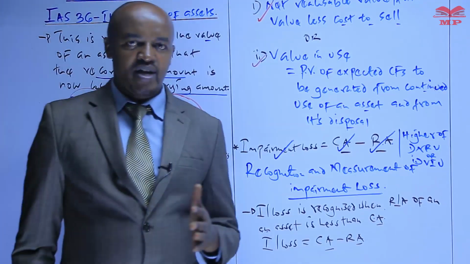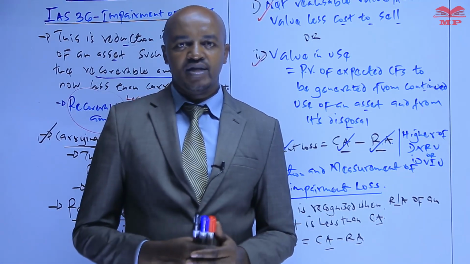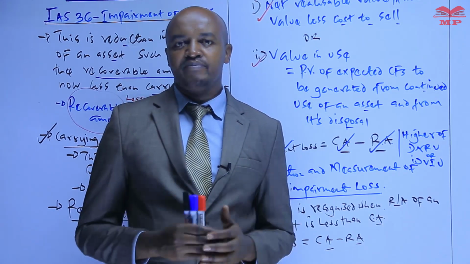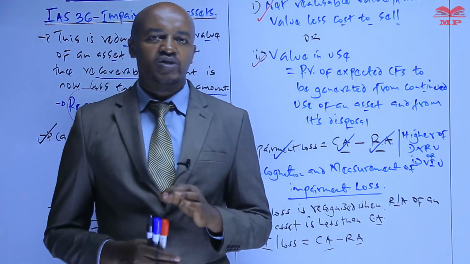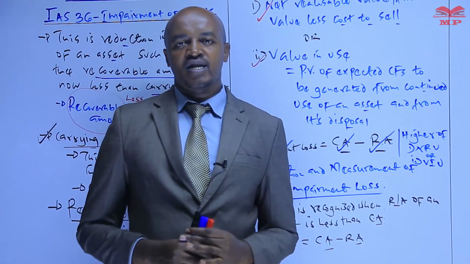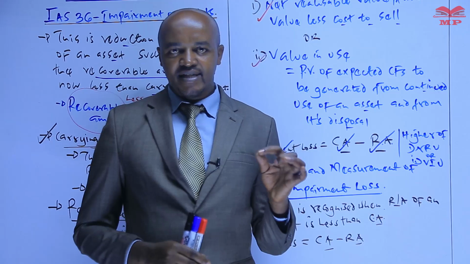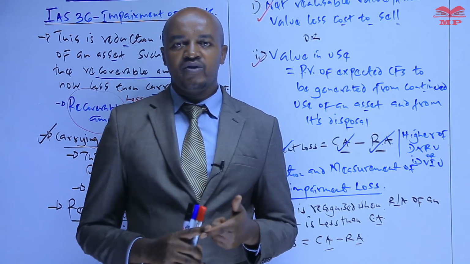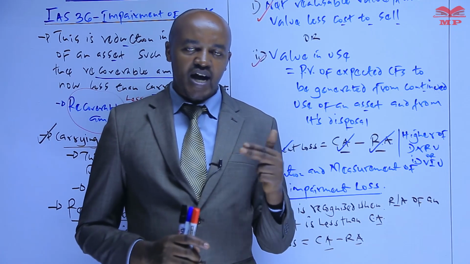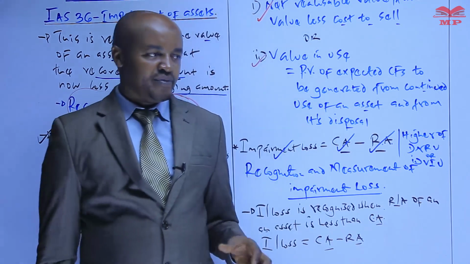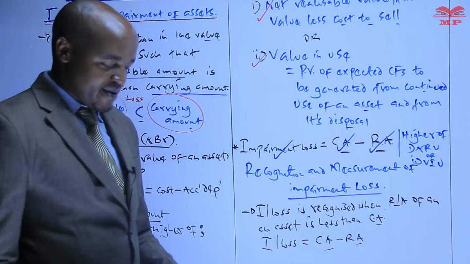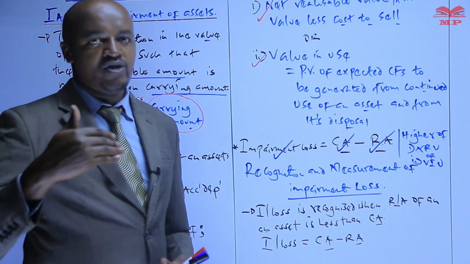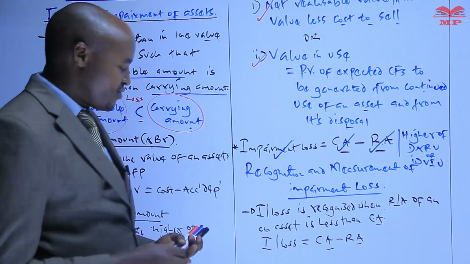If you can recall what you covered in the lower level, whenever the company has acquired items of property, plant, and equipment, those items should be accounted for in accordance with International Accounting Standard number 16. That standard permits the company to use two models, the cost model and the revaluation model, when accounting for those items of PPE. So in terms of how we account for this impairment loss, it depends on whether the asset is accounted for in the books of account using the cost model, or using the revaluation model.